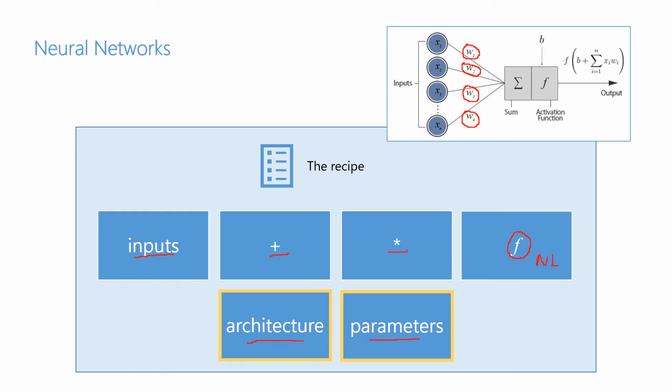So these parameters are what makes the network able to learn how to solve the problem that we are going to tackle with the specific model that we are working on.